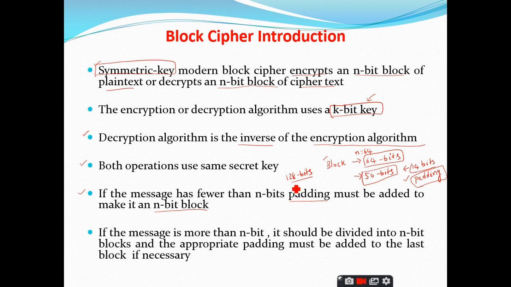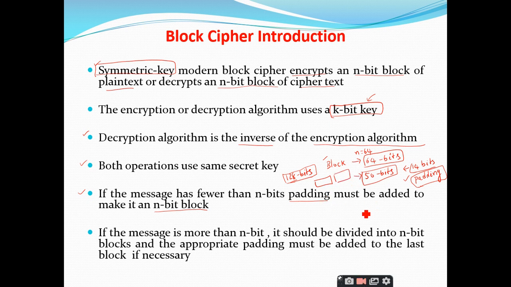No, sir. No, right. Why? Because I have mentioned that my n is 64. Therefore, I should frame blocks with only 64 bits. But I have 128 bits of data to be transferred from sender to receiver. So in this case, you have to apply the technique called division. So you divide this given number of bits into 2 blocks. So 64 bits is one block and the other 64 bits is another block. That's it. Nothing more than that.